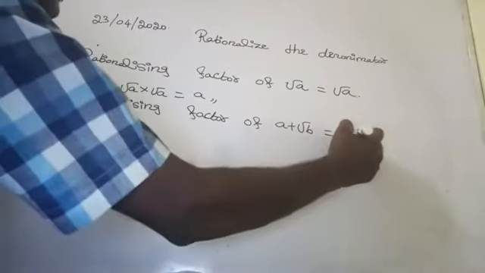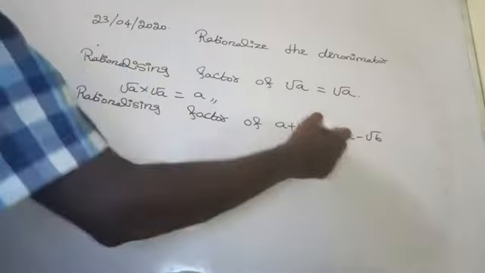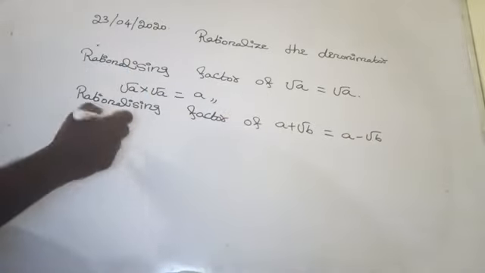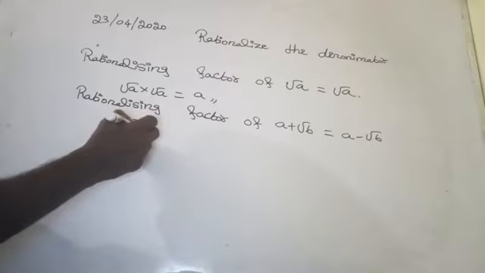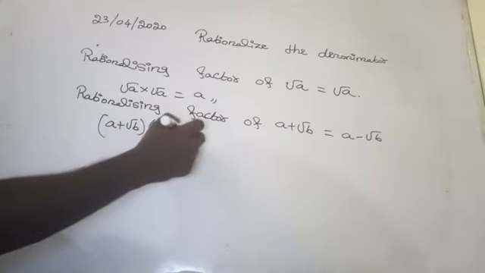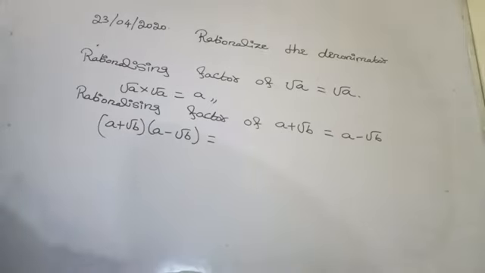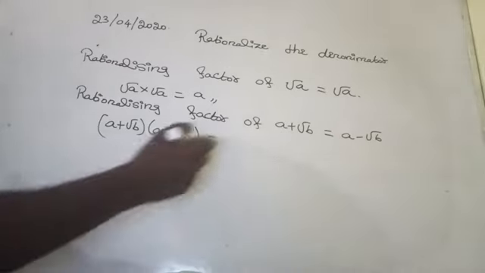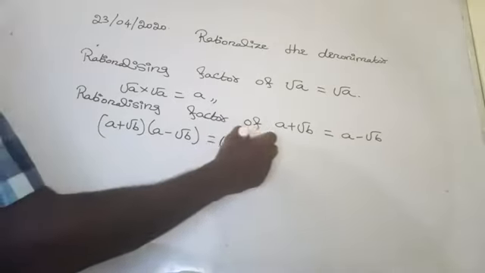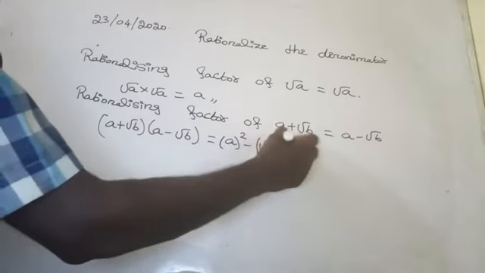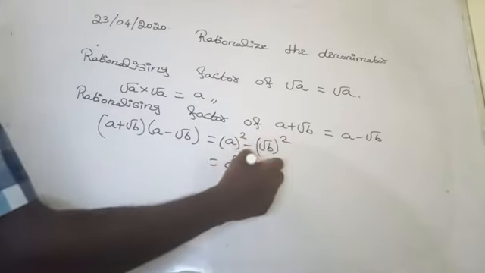It is a minus root b. Just change the sign of the irrational number. Now multiply these two: a plus root b into a minus root b. It is in the form of a plus b into a minus b, which is a square minus b square. So you can write a the whole square minus root b the whole square, which is equal to a square minus b.